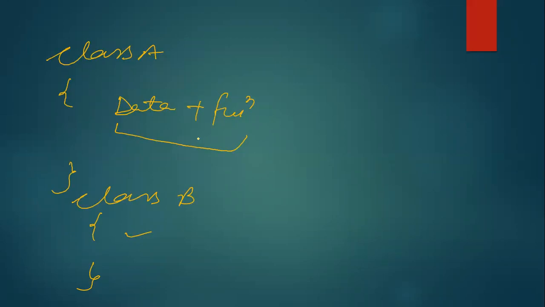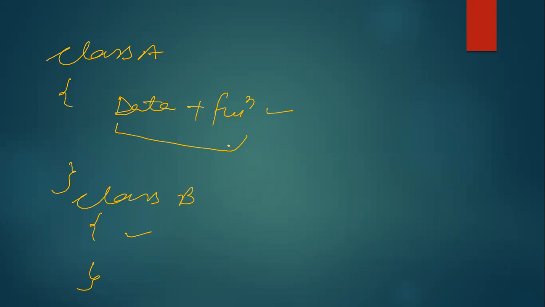So what is the best way? The best way is to use the data and functions which we have already defined in another class or somewhere else. This makes our program very effective.